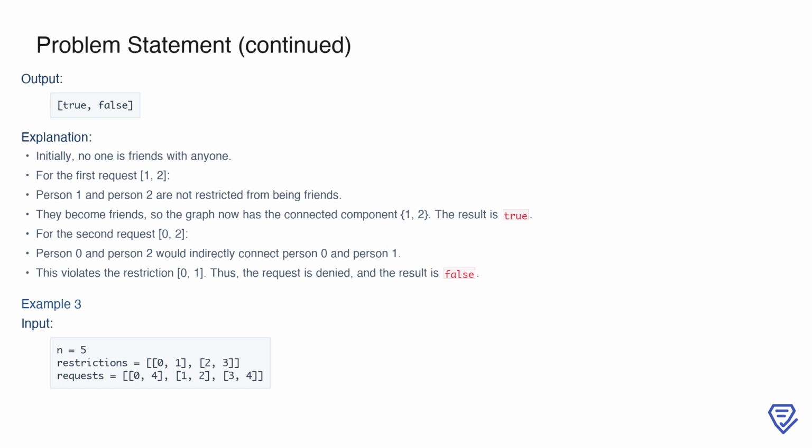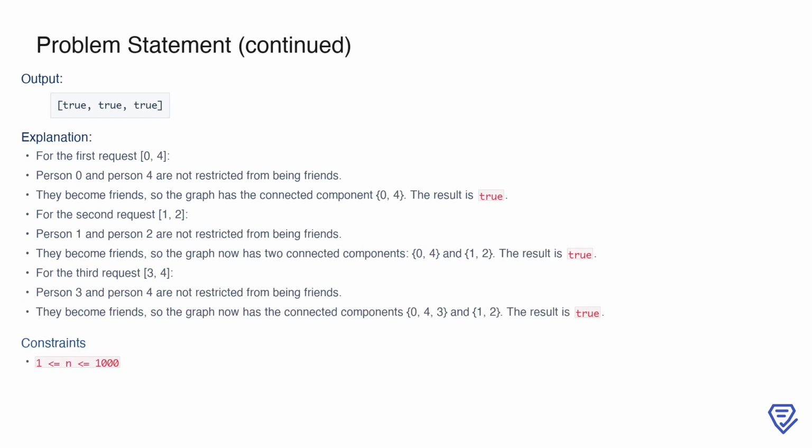They are connected, forming the component 1, 2, so the result for this request is true. For the second request, 0, 2, accepting it would indirectly connect person 0 and person 1, violating the restriction 0, 1. As a result, this request is denied, and the result is false. This highlights how the order of requests matters since the network evolves as friendships are processed.